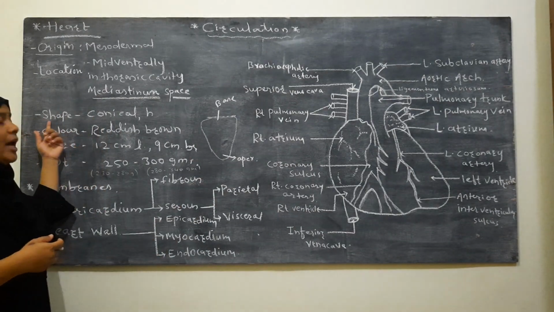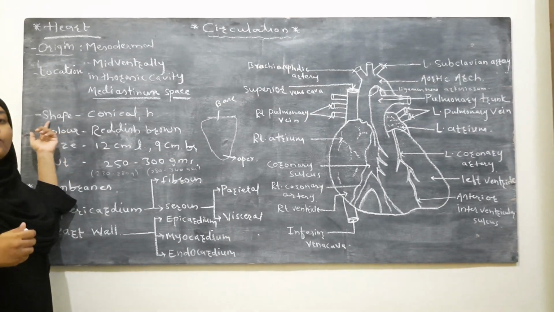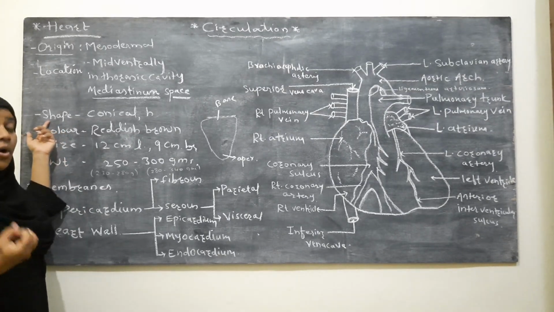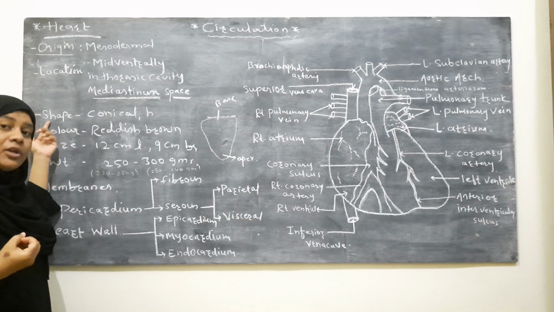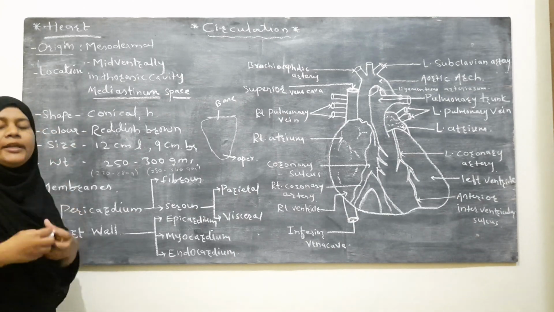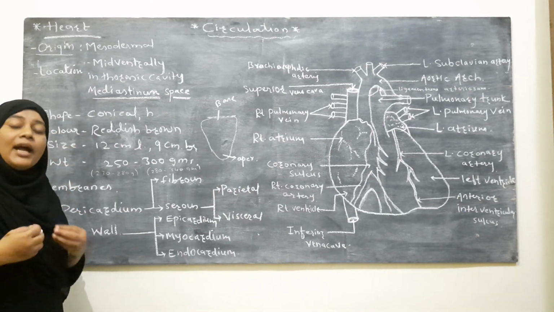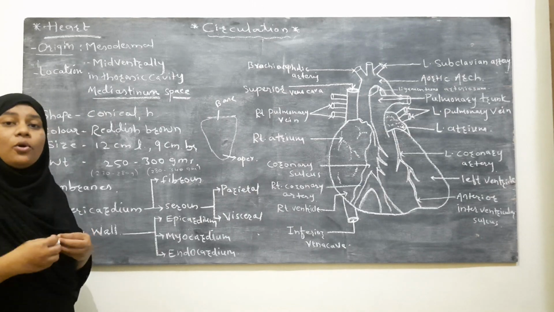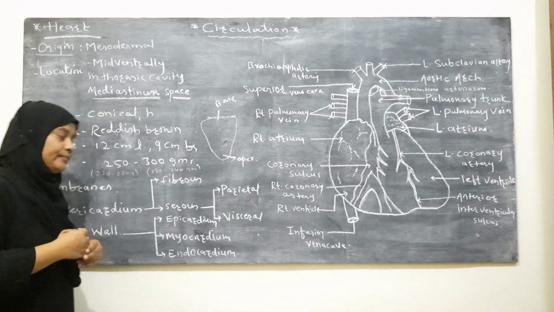So the shape of the human heart is conical or triangular, and it is highly muscular and hollow from inside.